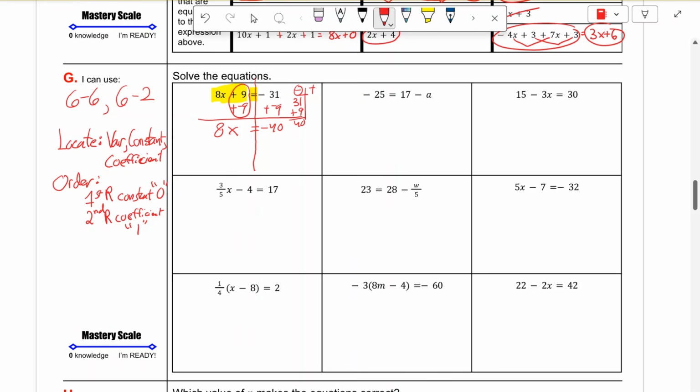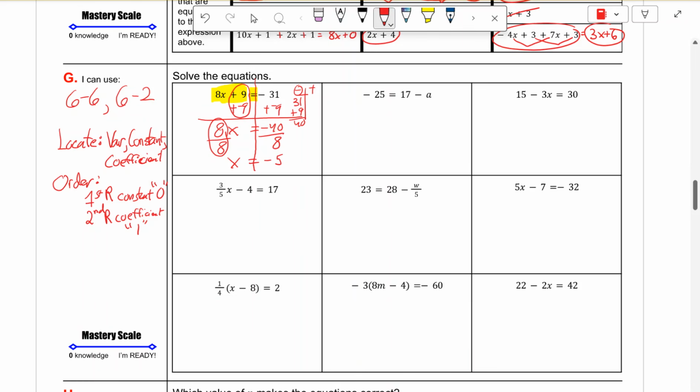The idea here is you're trying to make the coefficient into the number 1. So 8 is multiplying the x, so we are going to divide by 8. And that creates a nice 1 there. Since it's working, we'll do it to the other side. And x is a negative divided by a positive is a negative answer, and 40 divided by 8 is 5. So our answer is negative 5.